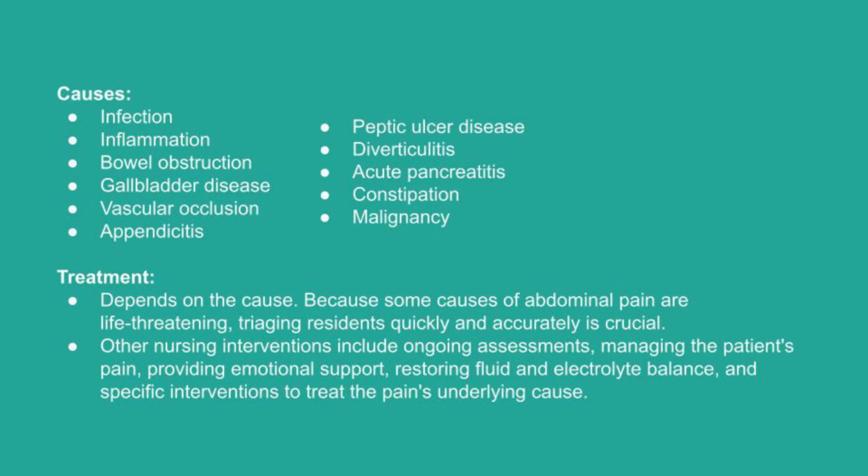So really, treatment depends on the cause. But because some causes of abdominal pain are life-threatening, triaging residents quickly and accurately is crucial. Now, other nursing interventions are going to include ongoing assessments, managing the patient's pain, providing emotional support, restoring fluid and electrolyte balance, and specific intervention to treat the pain's underlying cause.